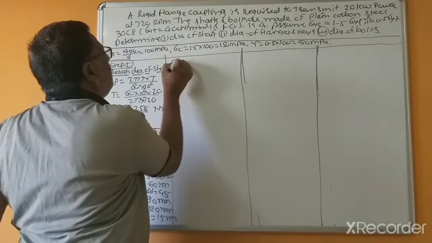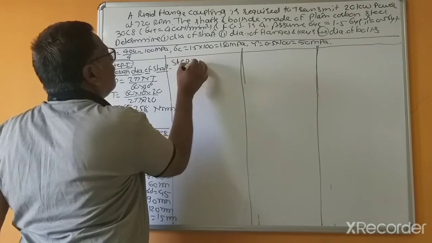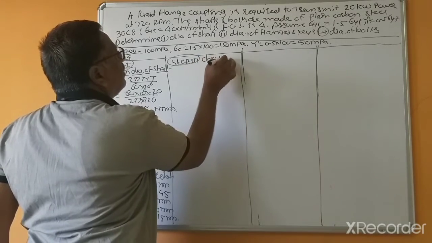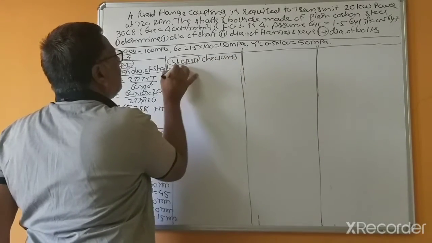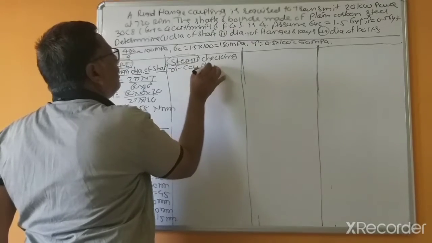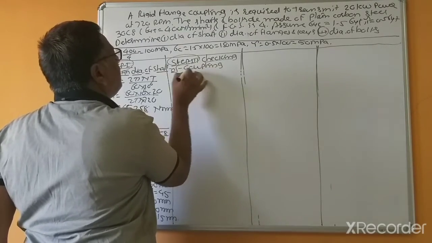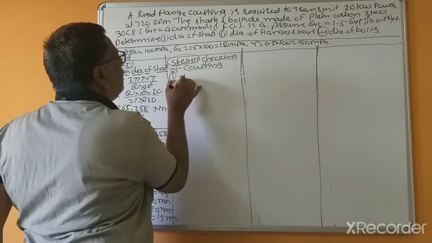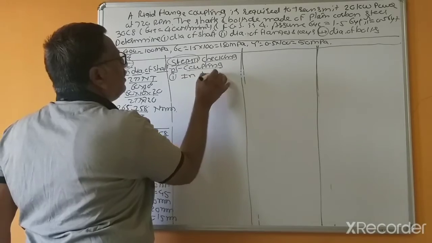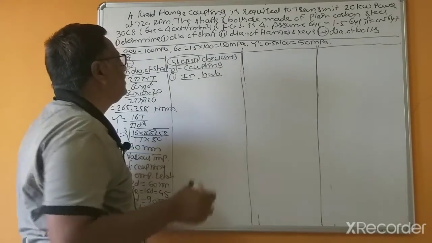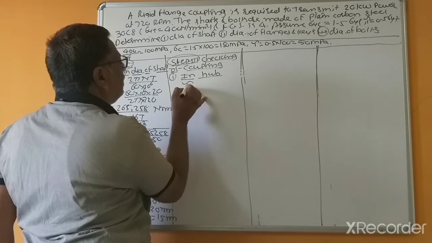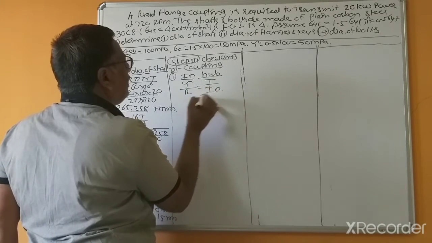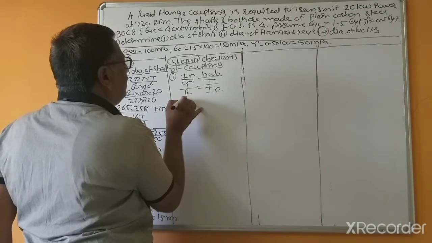So what is step 3? Checking of coupling. So first I will take shear in the hub. Briefly I am writing this, shear in hub. So we have to use tau divided by R equal to T divided by polar moment of inertia, and tau equal to 50.